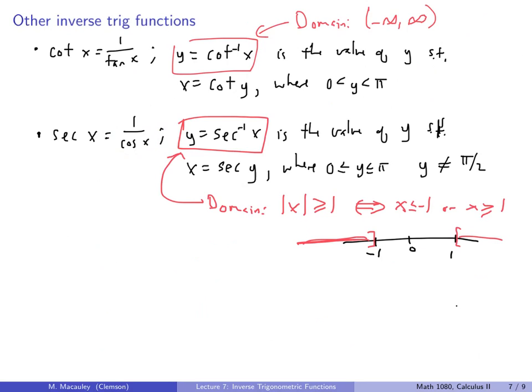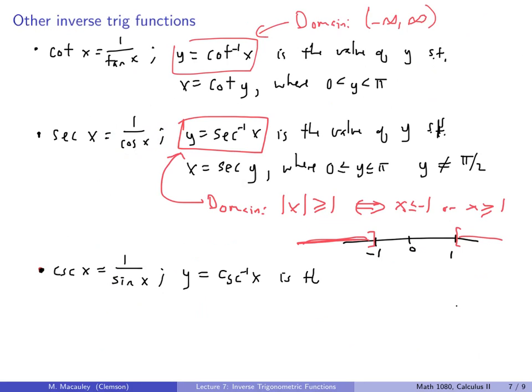Okay, so finally the last one. Remember, cosecant of x equals 1 over sine of x. Now this is going to be a number, again, that is either at least 1 or less than or equal to -1. So y equals inverse cosecant of x.